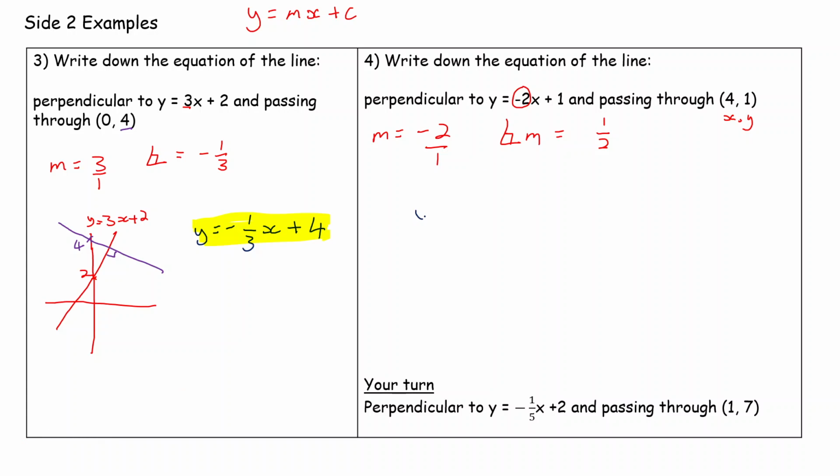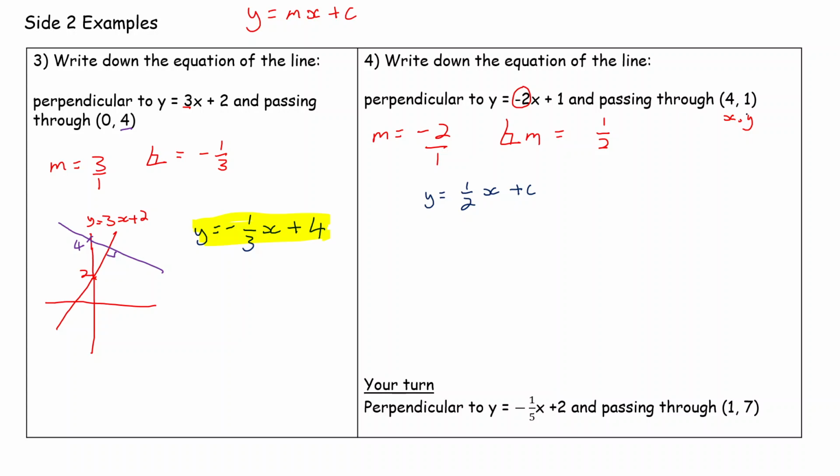So y is going to be equal to my perpendicular gradient, 1 over 2, times x, plus some c value, which I do not yet know. But I know I've been given an x value of 4 and a y value of 1, which I can substitute into this equation.